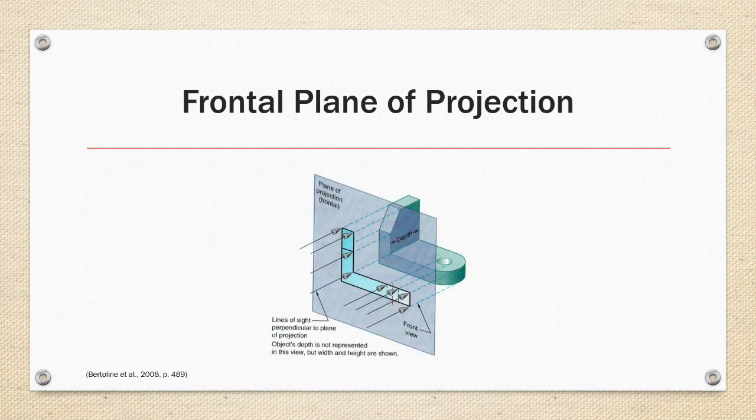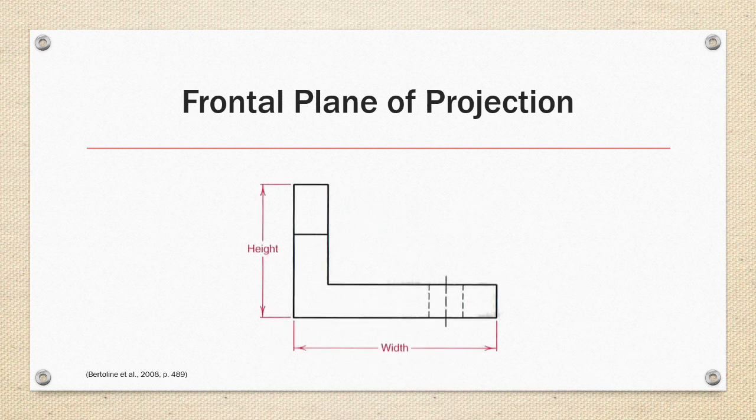If we revisit the example from orthographic projection, it is an example of frontal projection, with the viewer observing the object with the frontal plane between them and the object to arrive at the front view of the object.